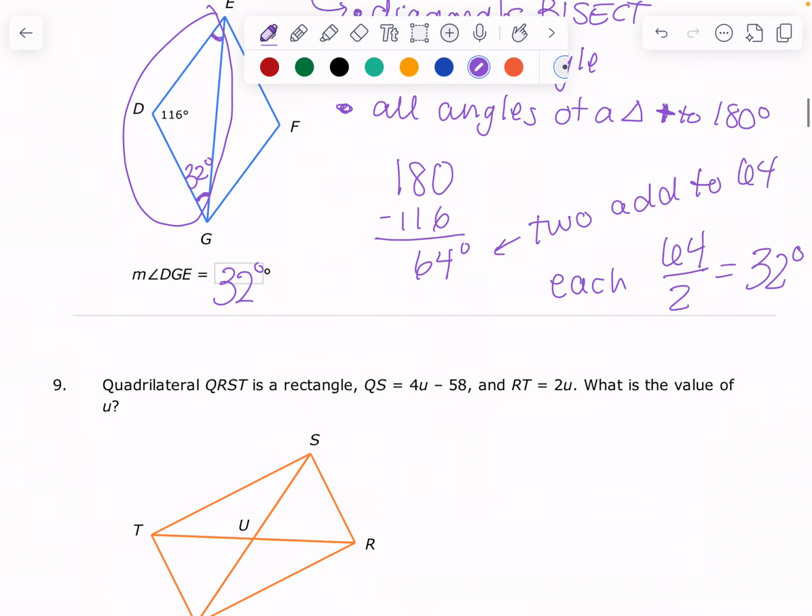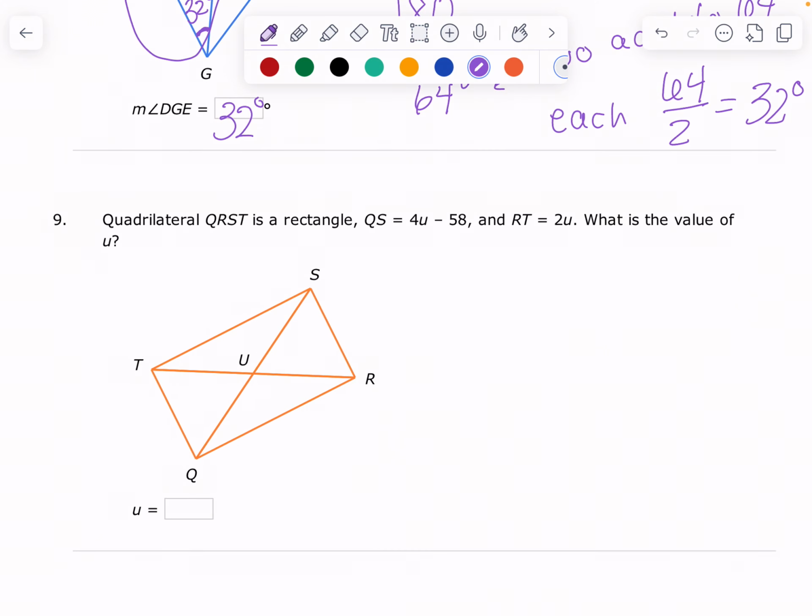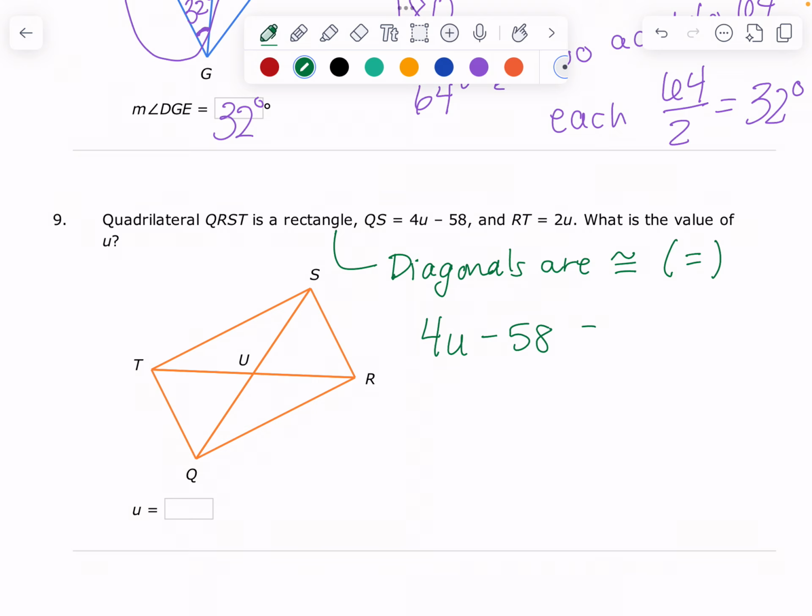All right, next thing. Quadrilateral QRST is a rectangle. And it tells us QS is this long and RT is that long. Here's the thing that you need to know about rectangles: the diagonals are congruent, which means equal, right? So we can say that 4u subtract 58 is equal to 2u, because QS is this diagonal, RT is that diagonal, so they have to equal each other, and then it's just an algebra problem.